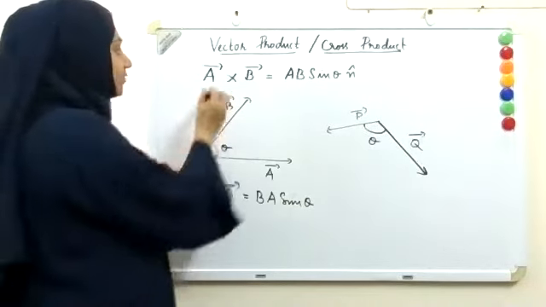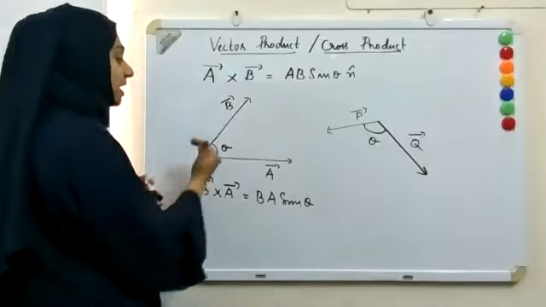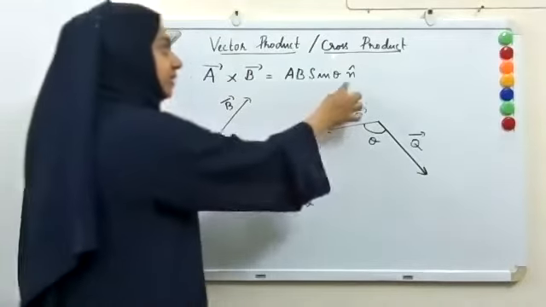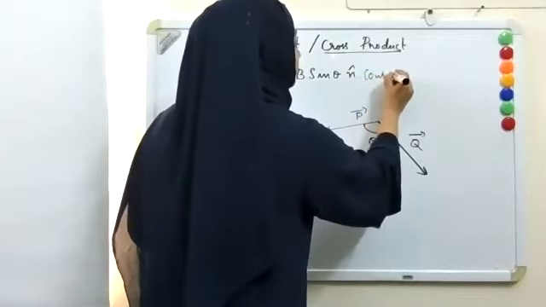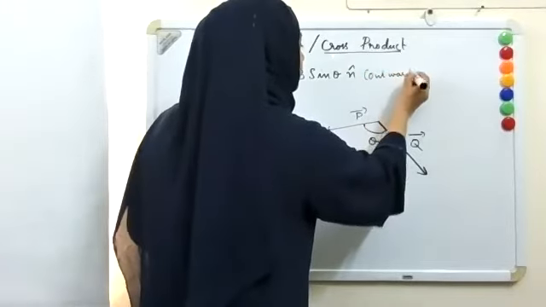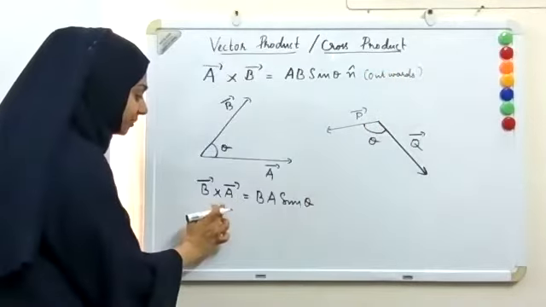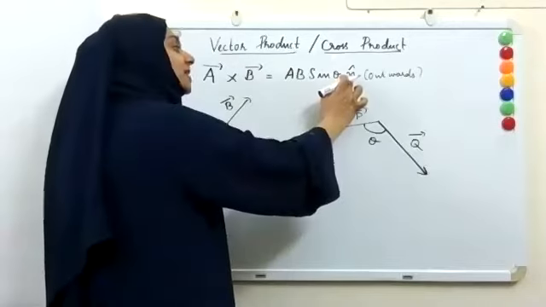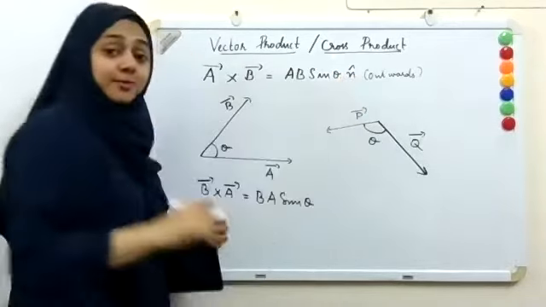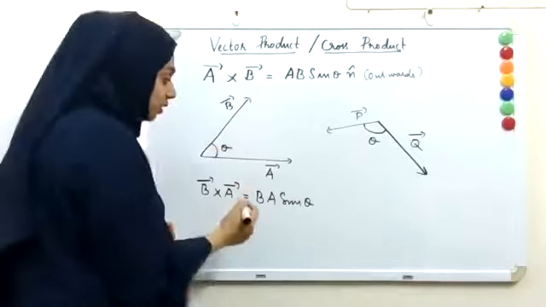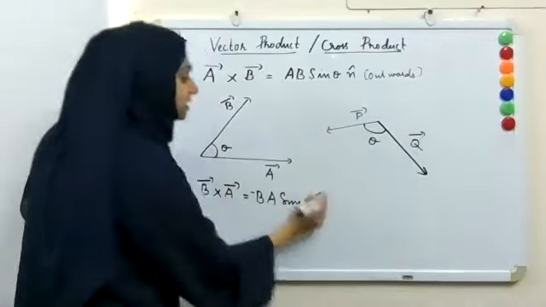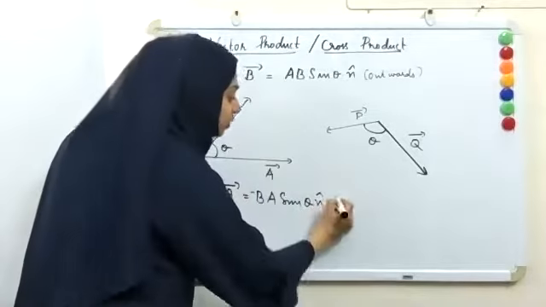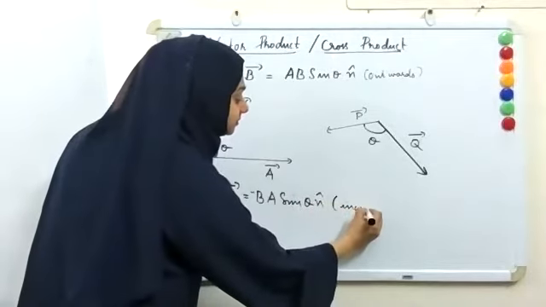So when we consider A cross B and it is outwards, we consider n as outwards, right? And when we consider B cross A, we found that it is opposite to n cap. It's inwards. So we can put it as minus n cap if we consider the outwards one. So it is inwards.